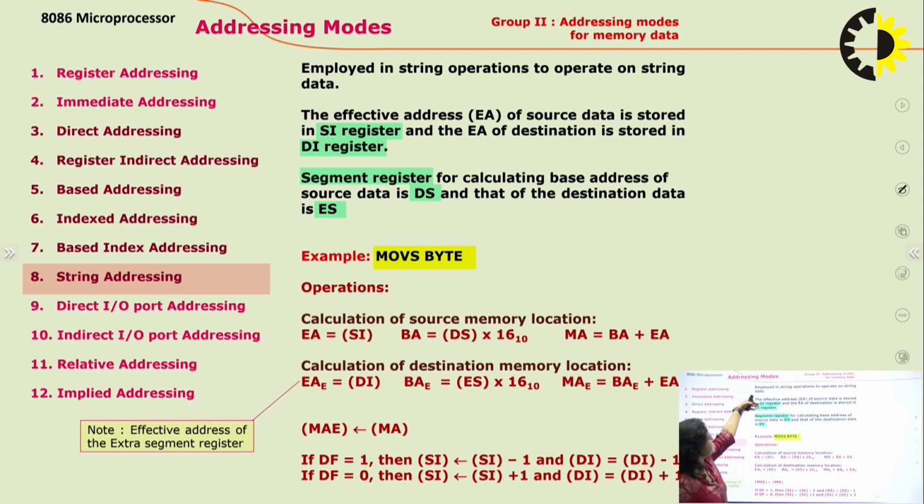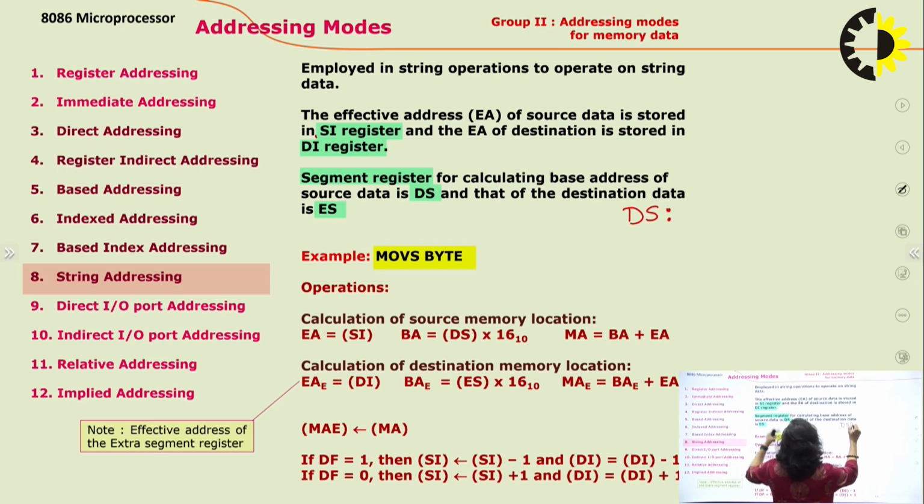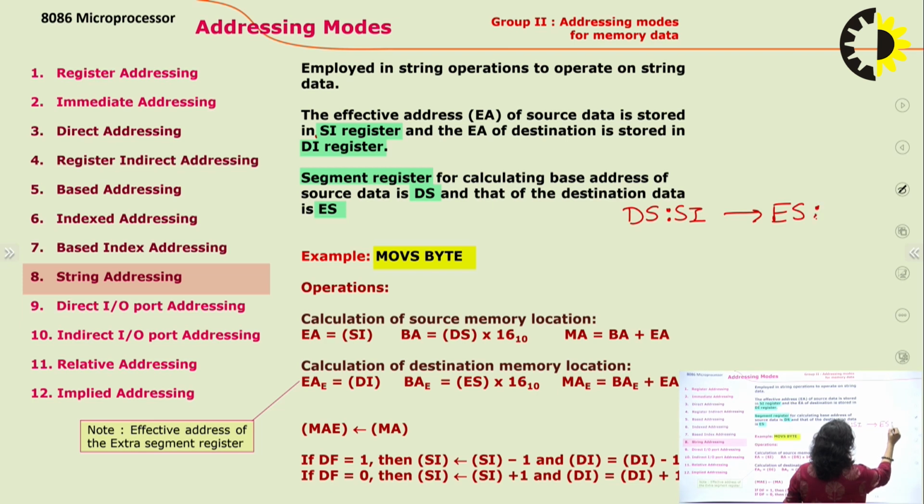The segment register for SI is DS and for DI is the extra segment. So, this instruction copies data from DS into 10 plus SI, that is the source, to the destination location, which is ES into 10 plus DI.